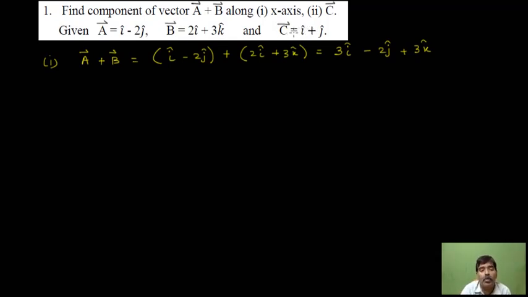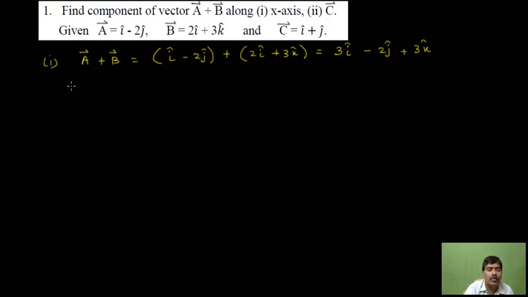Very simple. You take a dot product with the unit vector along which you want to find its component. Component along x: the unit vector along x is i cap.